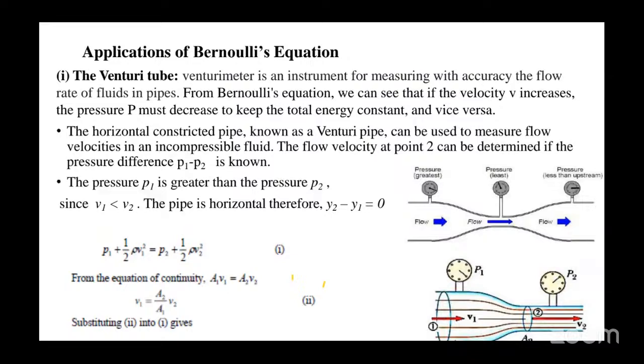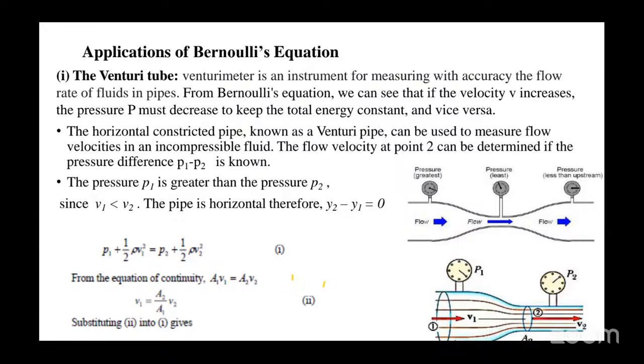Before we call it a day, let's look at one of the applications of Bernoulli's equation. Bernoulli's equation is applied to a Venturi tube. A Venturi tube or Venturi meter is an instrument for measuring with accuracy the flow rate of fluid in pipes.